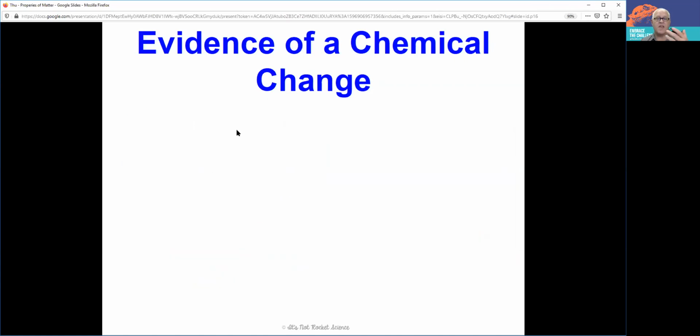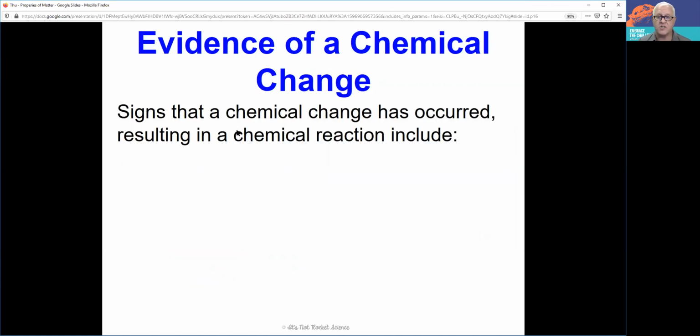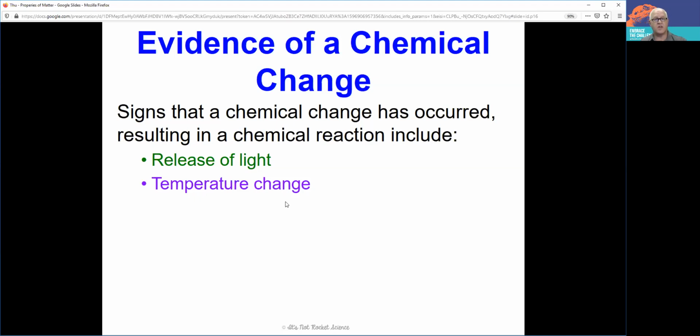Now we need to have some evidence that a chemical change occurred. And there are signs that a chemical change has occurred, resulting in a chemical reaction. And they'll include these items. There could be a release of light when you strike a match. A chemical reaction occurs because you see some light. There can be a temperature change, meaning the temperature can either go up or the temperature can come down. There can be a change in the odor or the smell.